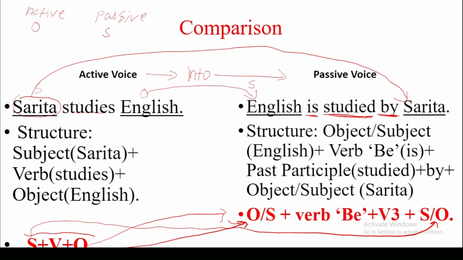It means the object of active becomes the subject in passive, and the subject of active becomes the object in passive. This is the first step that we have to understand.